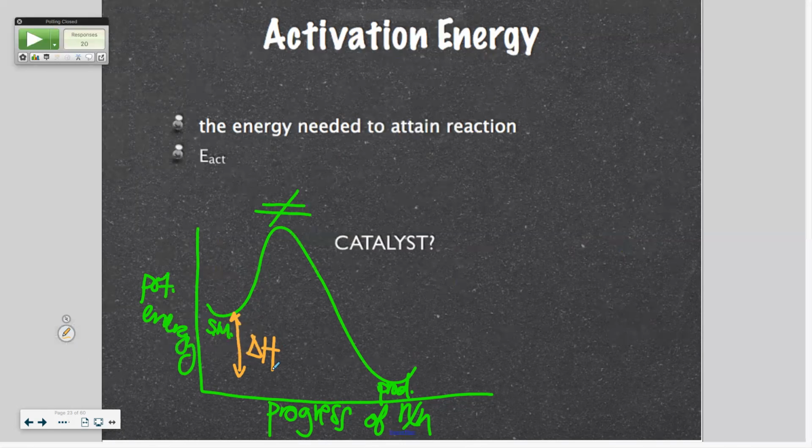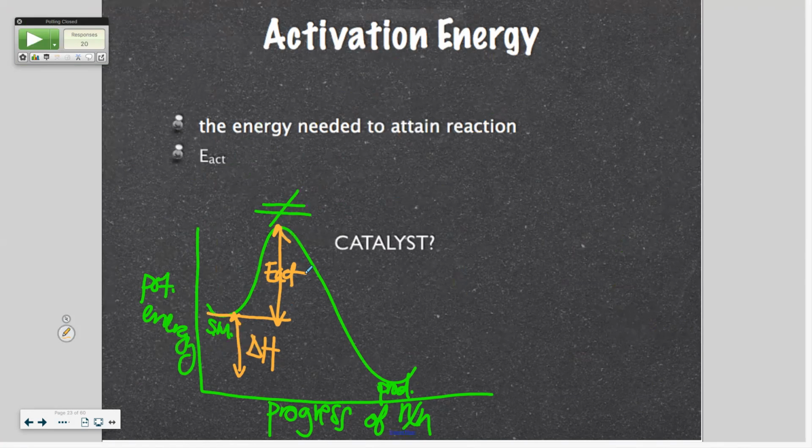What is the energy of activation? From where to where? It's from here to here. There are people who study this and actually try to figure out where all these levels are. We're not going to.